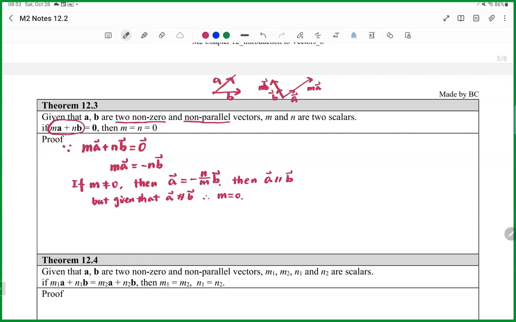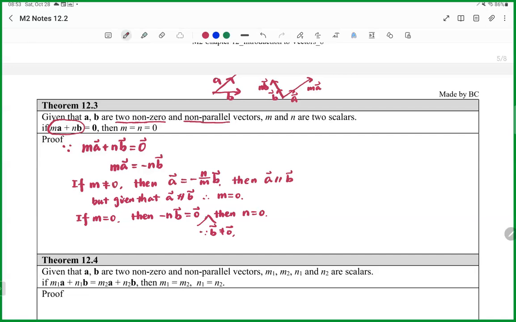Okay. Now if M is zero, then negative NB equals the zero vector. Now because B is not a zero vector, how do you get a zero vector if B is not a zero vector?